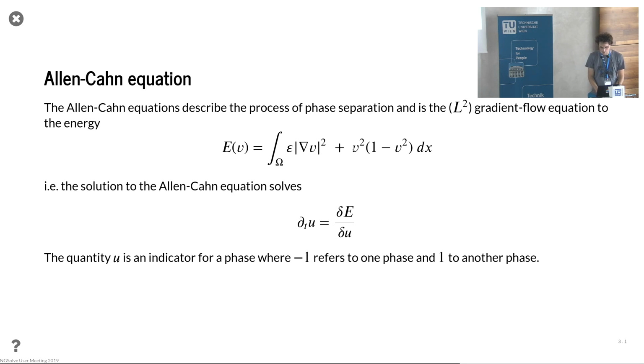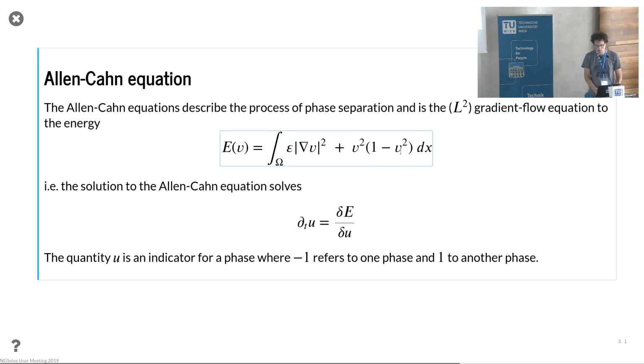And it penalizes being away from 1 or -1. So that's what you have here. Yeah, then we do the gradient flow of this, so an L2 gradient flow. So that means we have a time-dependent problem where the variable v describes the mixture of certain phases, and this kind of demixing corresponds to the minimization of the energy of that process.